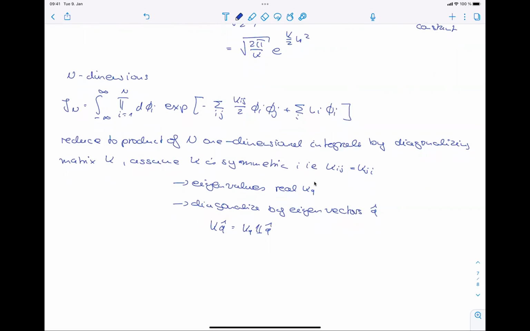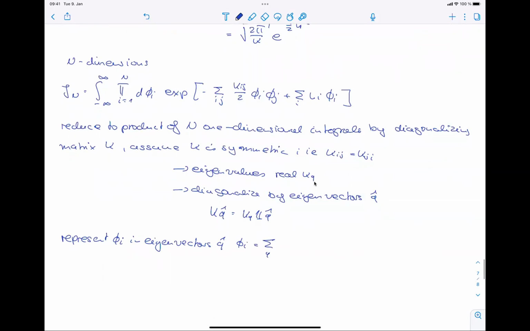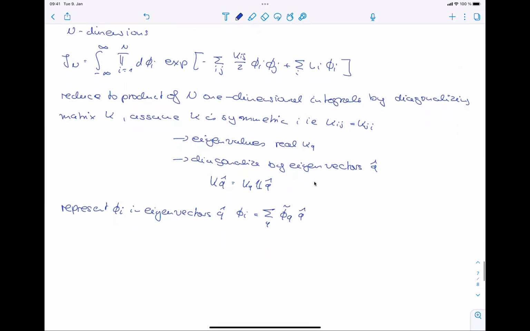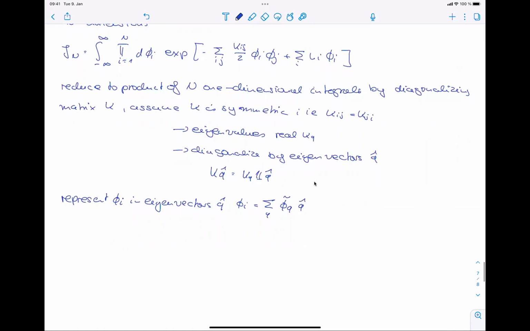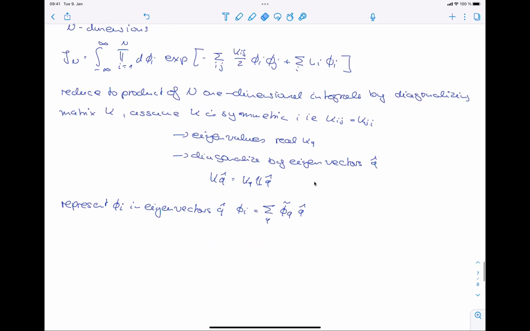And so then I can represent the phi i in terms of the eigenvectors Q hat, phi i. And so I think I'm going to stop here. This is a recipe for next week.